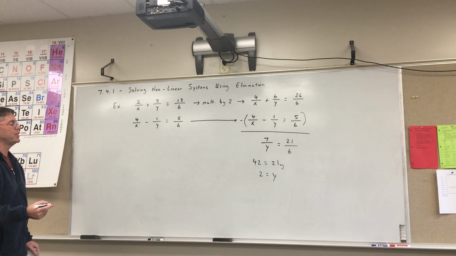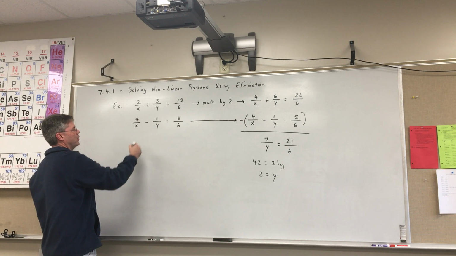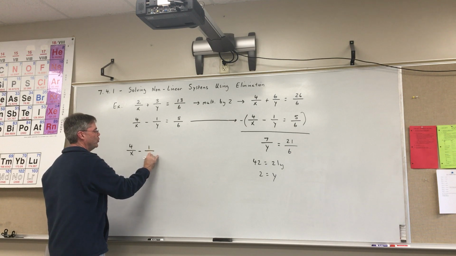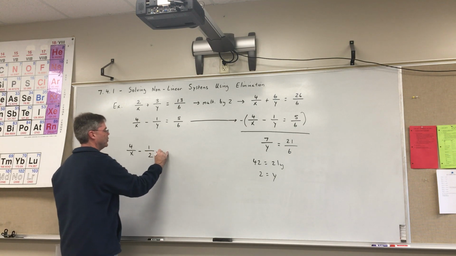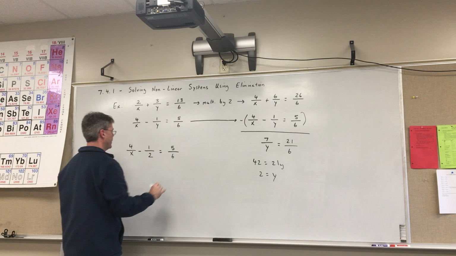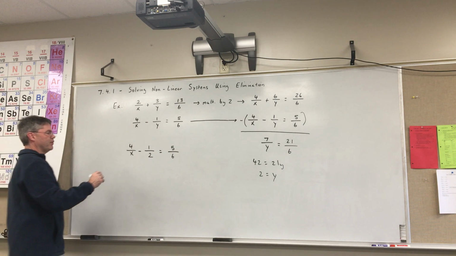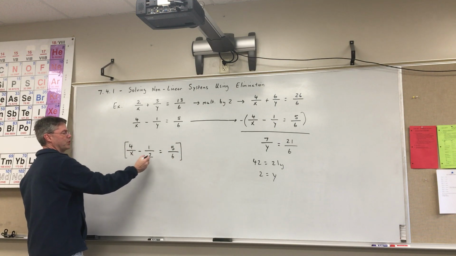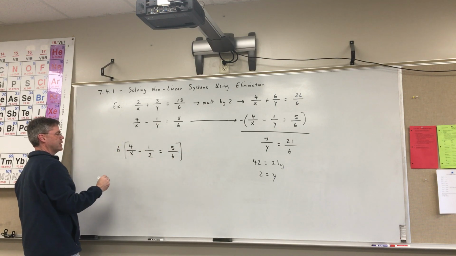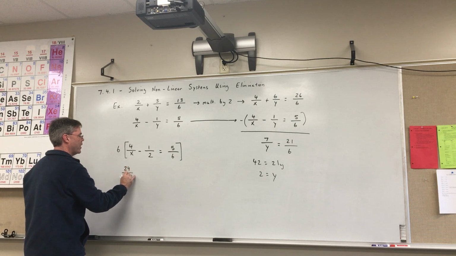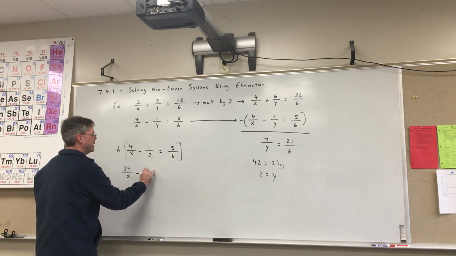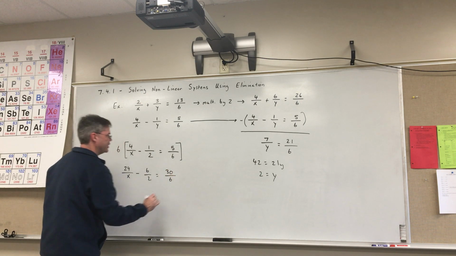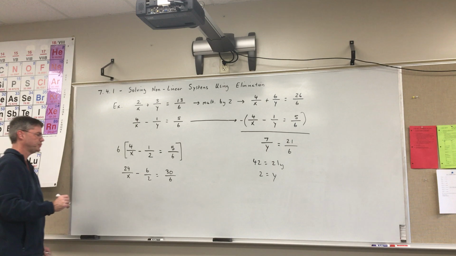Okay, I'll substitute that 2 into the second equation. Either one will work. So we have 4 over x minus 1 over 2, which is our value for y, is equal to 5 over 6. Let's go ahead and get rid of the fraction by multiplying the entire thing by the least common multiple. With 2 and 6, I can multiply by 6. I'd have 24 over x minus 6 over 2 is equal to 30 over 6. 6 times 5 is 30.